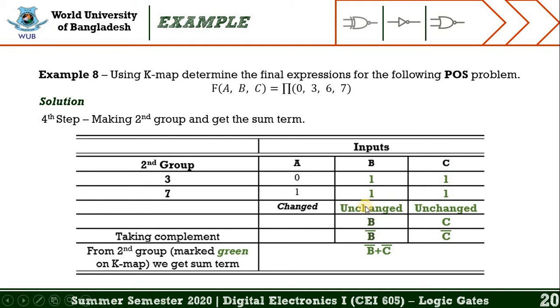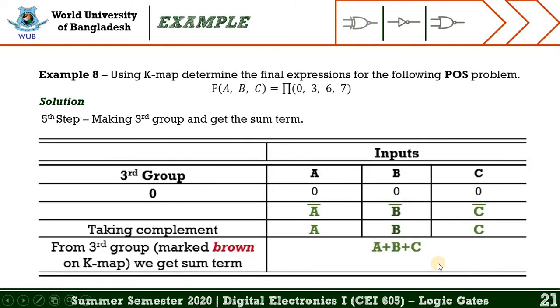That's why we have written here unchanged 1 and 1. We get B and C, but we do not take it this way. We need the complement of these inputs, so we write B bar and C bar, and the sum term would be B bar or C bar. Let's move into the next slide.